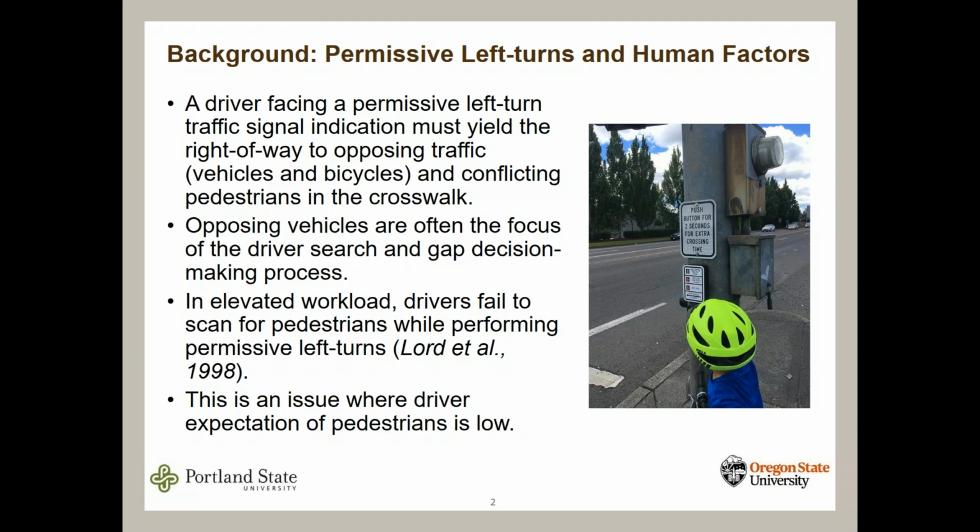What we know from our work and from others' work is that the driver often focuses this search and gap decision-making process on the motor vehicles. As the workload increases, drivers often don't scan for pedestrians. They're focused on finding the gaps in vehicles. This can become a particular issue where the driver expectation of pedestrians is low.